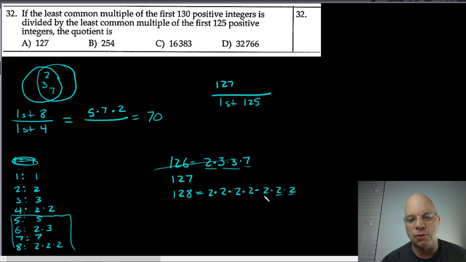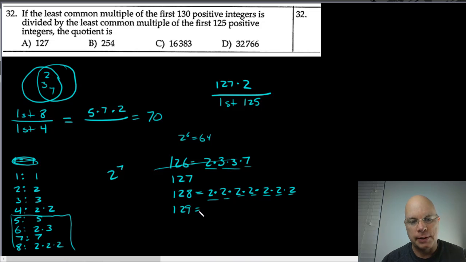So you have 1, 2, 3, 4, 5, 6, 7. 128 is 2 to the 7th power. In these first 125 positive integers, you get as high as 2 to the 6th power for 64, but not any higher than that. So one of these 2's will not factor out, a single one.